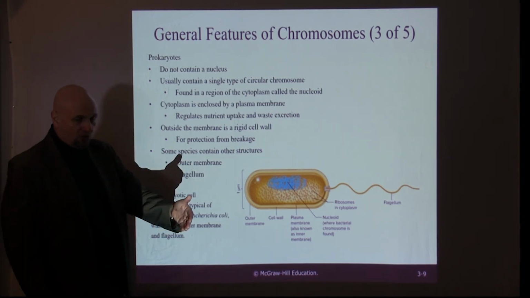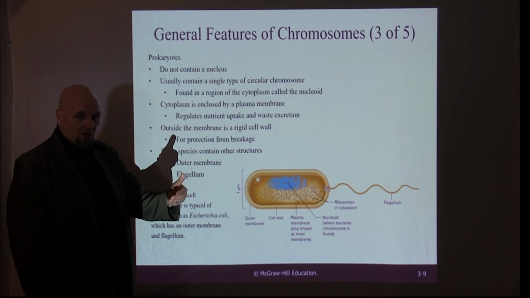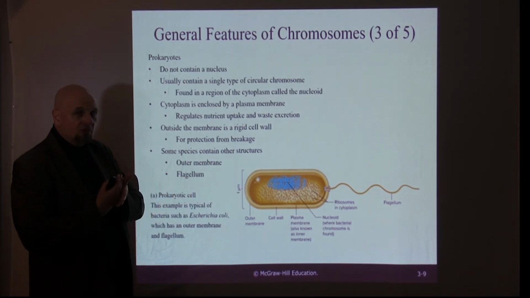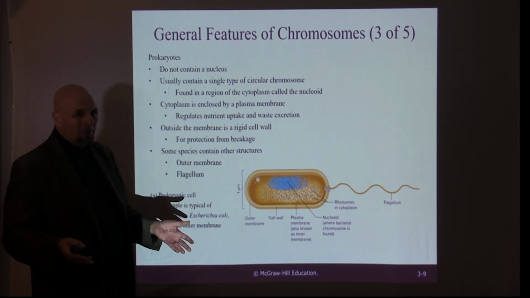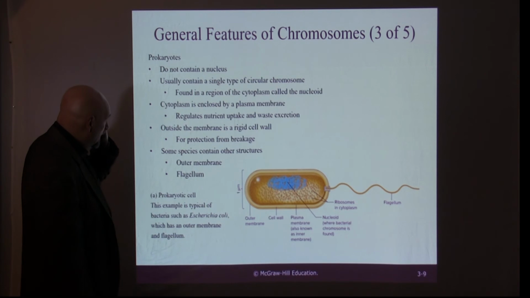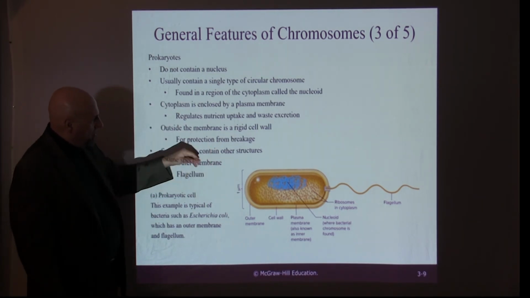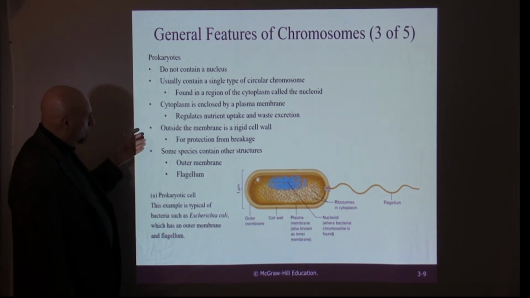So if you're expressing a gene, having transcription, as soon as the transcript starts to come off, a ribosome will bind right to it. So you could have transcription and translation going on at the same time off of a messenger RNA. The cytoplasm is enclosed by a plasma membrane, which helps to regulate nutritional uptake and waste excretion.